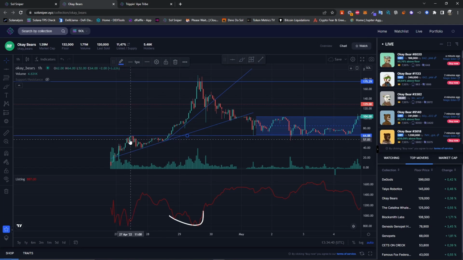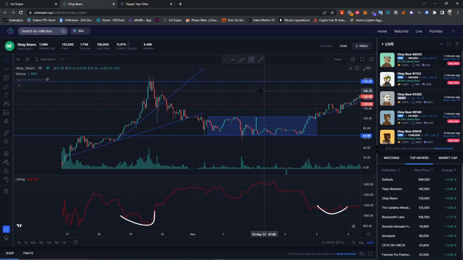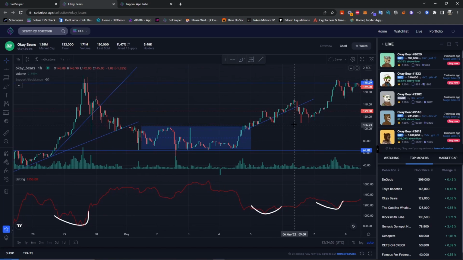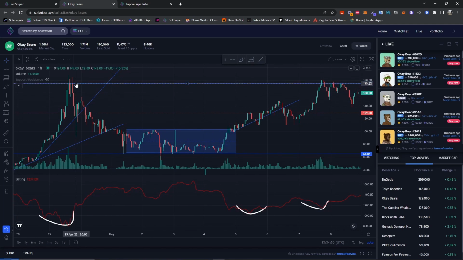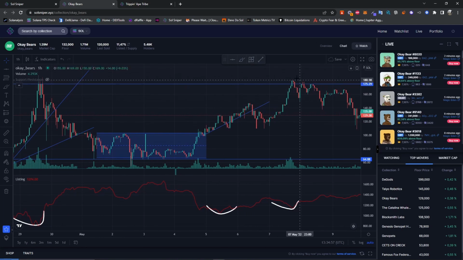So here was the local top first, and now we had it as support, and now we are looking to this, right? We want to break this and then get this as support. So yes, let's see what happens here. We try to get it right here, and we did it.